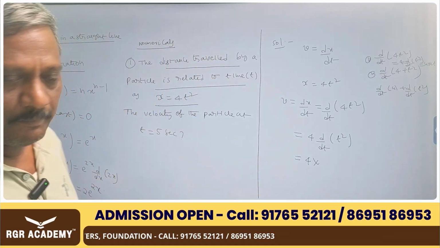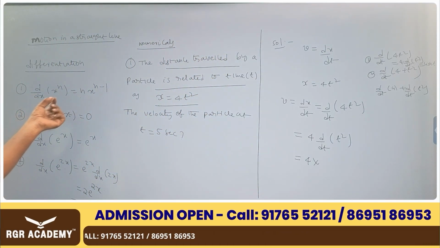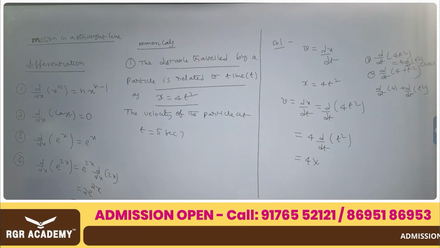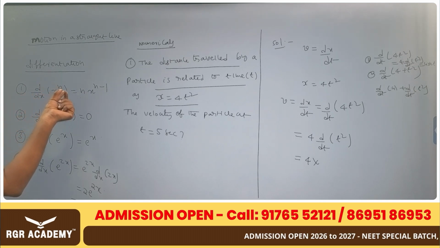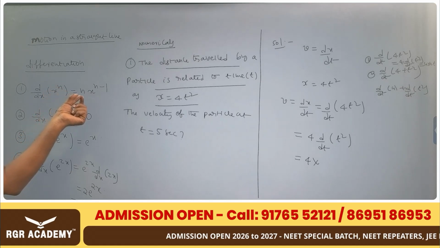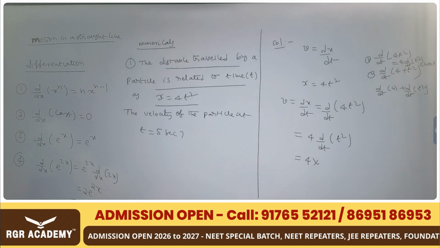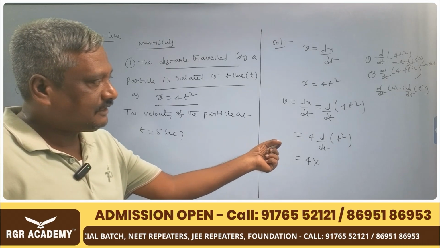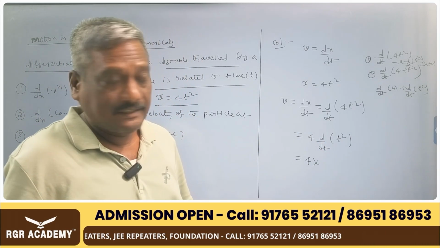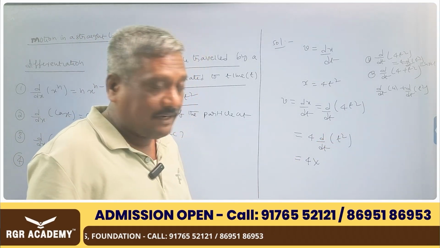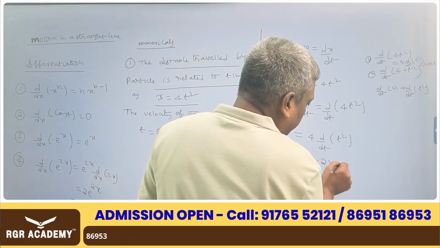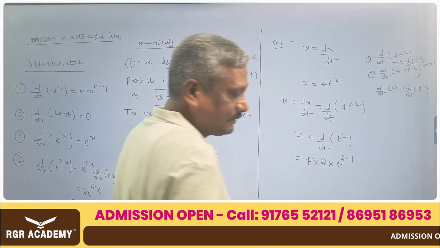Now apply that mathematical formula. How can you apply it? In physics, this is the most important thing. In so many areas you can apply. D by dx of x power n is what? N into x power n minus 1. Apply that formula for d by dt of t square. How can you apply? That is 2 into t power 2 minus 1.